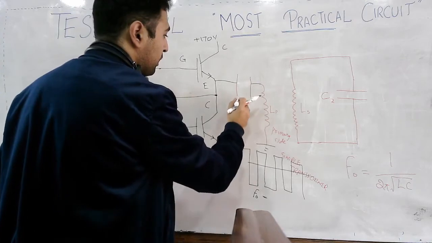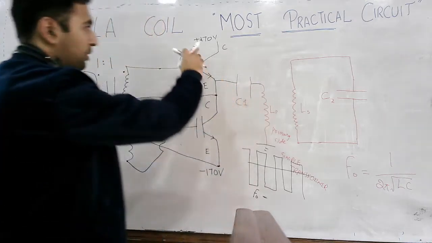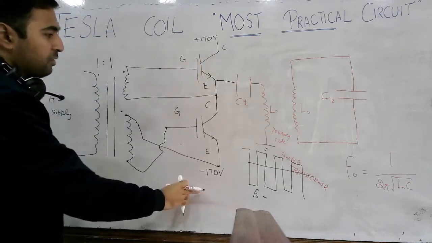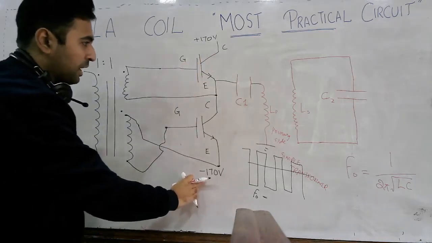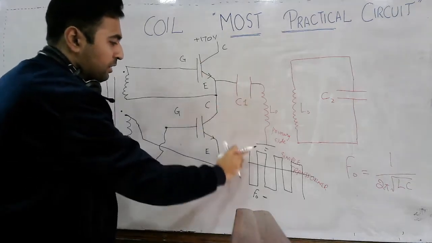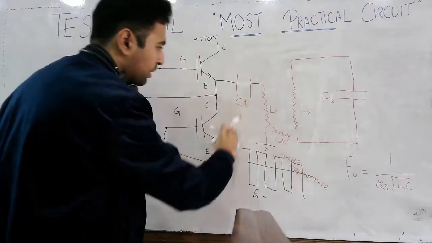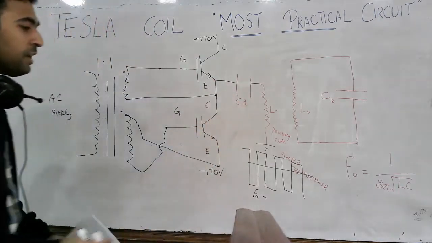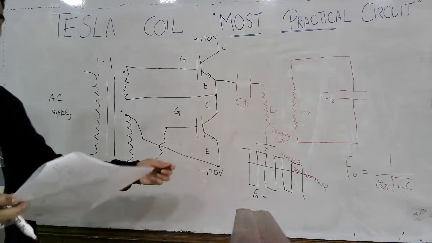This is C1. Here we have plus 170 volt DC supply, and here we have minus 170 volt DC supply, and the waveform here is of such a type; we are supplying this instead of the AC supply, and this is the square waveform.